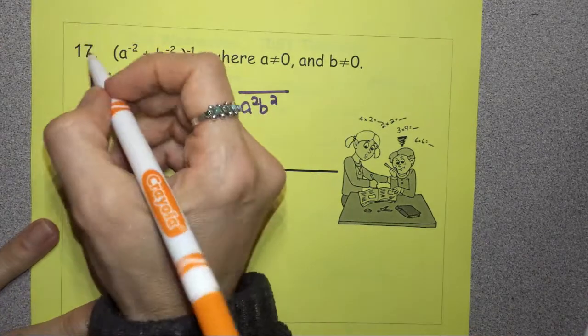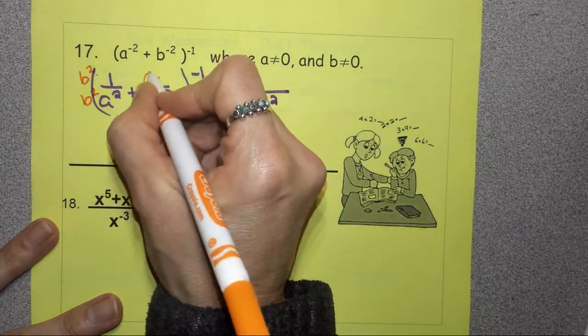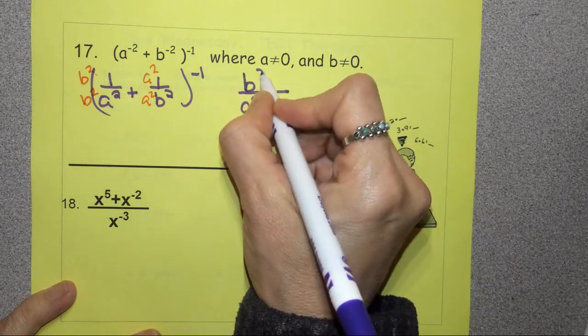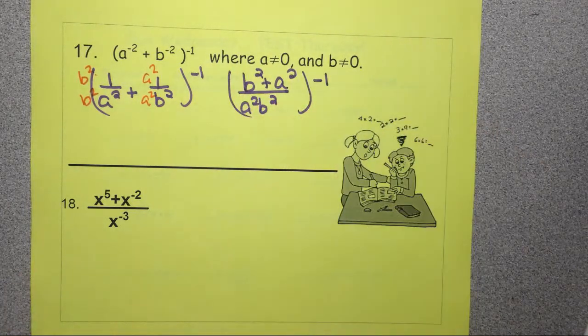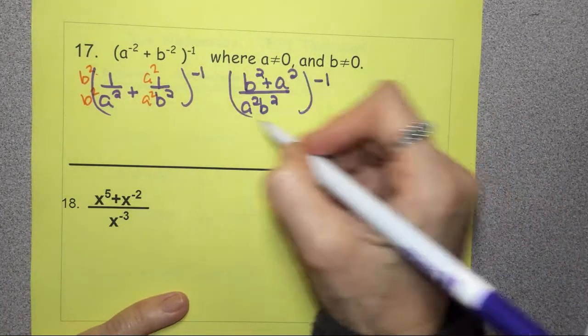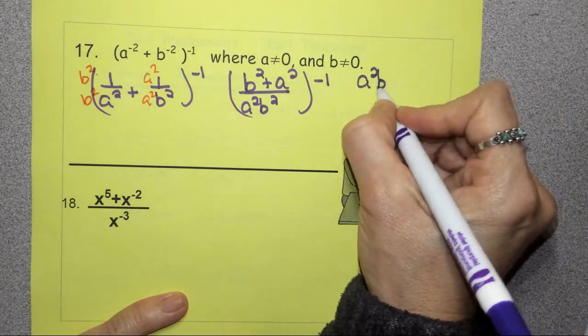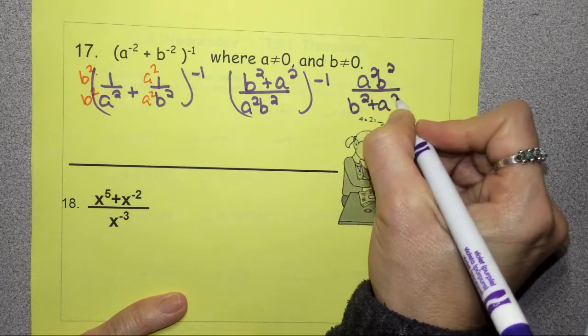And I multiply top and bottom of the first fraction by b squared, and the second fraction by a squared. So I get b squared plus a squared raised to the negative 1. Now I have to take everything inside and flip it to make that negative a positive. So a squared b squared over b squared plus a squared.